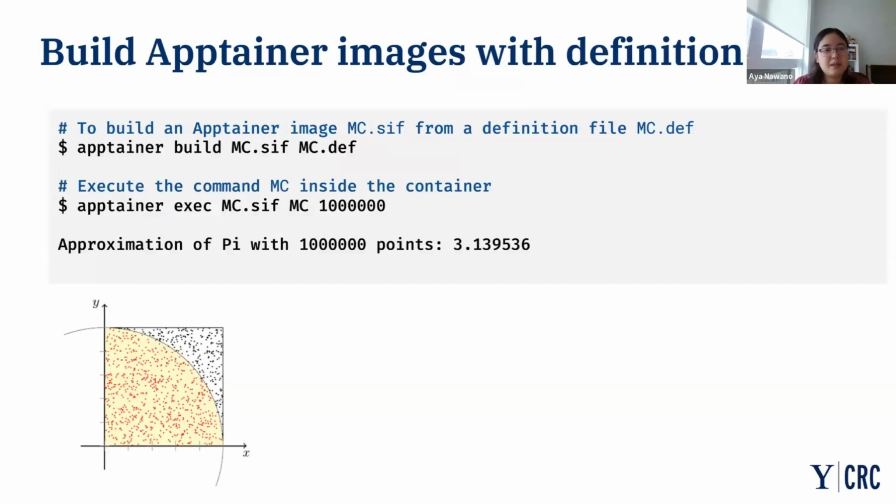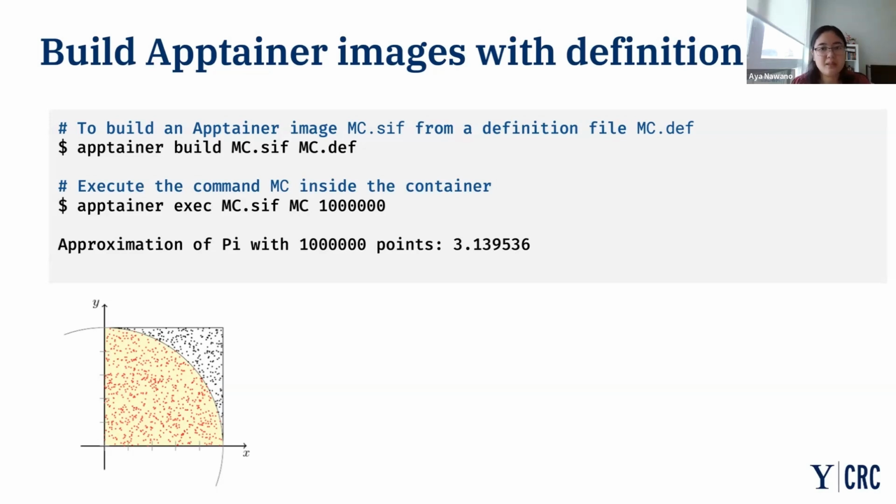This is a slide to explain what would happen when you have a definition file, how you'd build a container out of it, and how to use the Apptainer image. And this is the example container we are going to build. I'm going to explain the definition file for this specific container in the following slides.